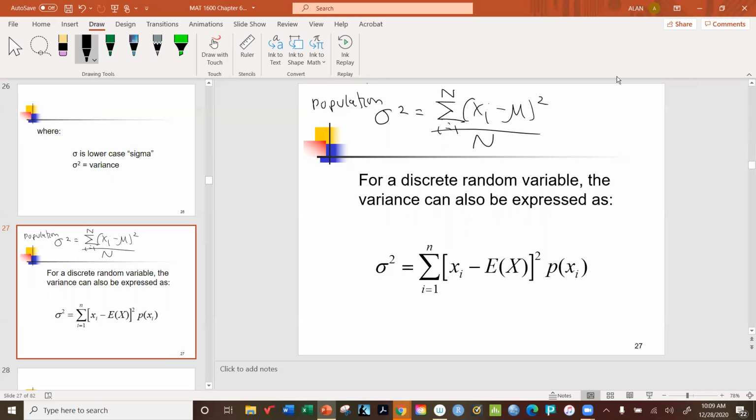This is squared, we add them up. The difference now is that here we divided by n, and here we're multiplying each term by its own probability. In other words, this is the probability of this particular value of x. That's the main difference. Before, with a population, there are no probabilities. We're just adding them up and dividing by n. Here we do have probabilities because each x is not necessarily equally likely to occur. So we have to take that into account by using these probabilities.